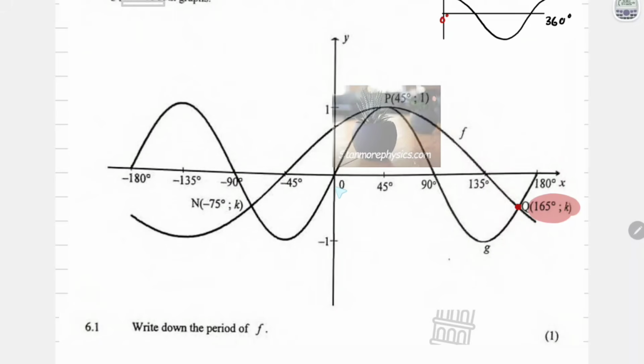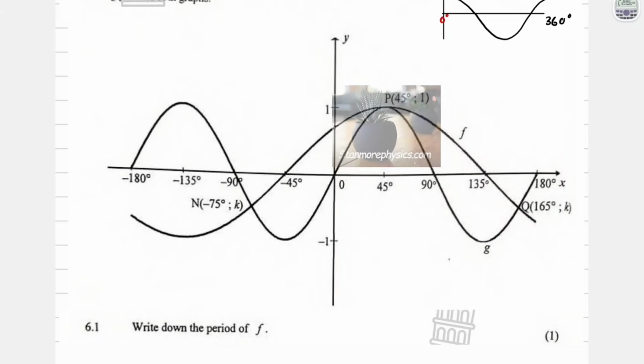Especially because from here, this is within the range of 0 to 360 degrees. It's easier to find angles like that rather than angles that are going behind those ones. So with this one, you're going to have to consider what the graph looked like.